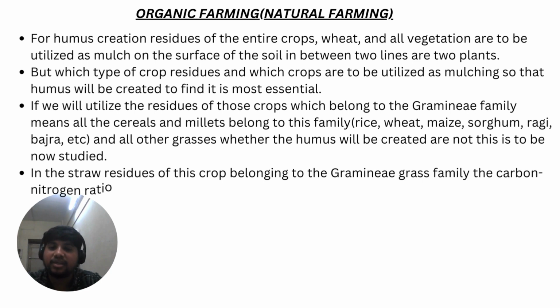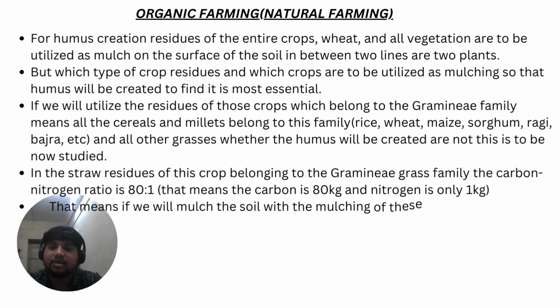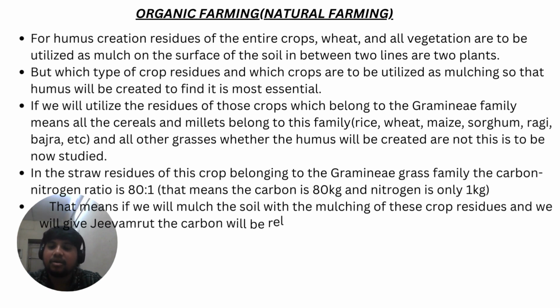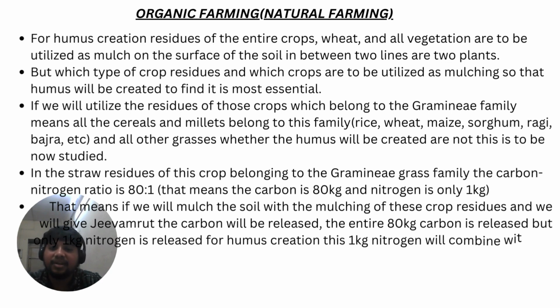In the straw residues of crops belonging to the Gramineae grass family, the carbon nitrogen ratio is 80 is to 1. That means the carbon is 80 kg and the nitrogen is only 1 kg. If we mulch the soil with these crop residues and give Jivamrut, the carbon will be released.